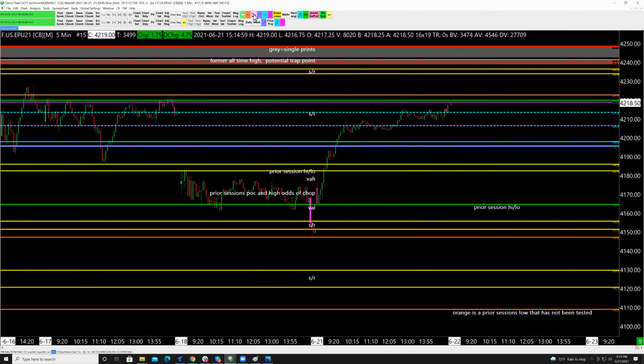And then let's see, support resistance. Support resistance. Support resistance. Value area low. That looks odd.